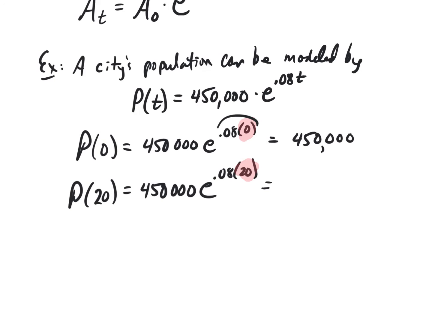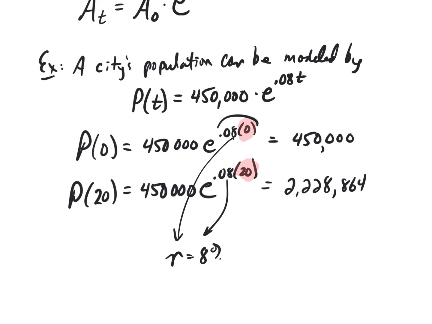So we do 450,000 times e, and then we raise e to the 0.08 times 20 power. And what we get is a population of 2,228,864 people.